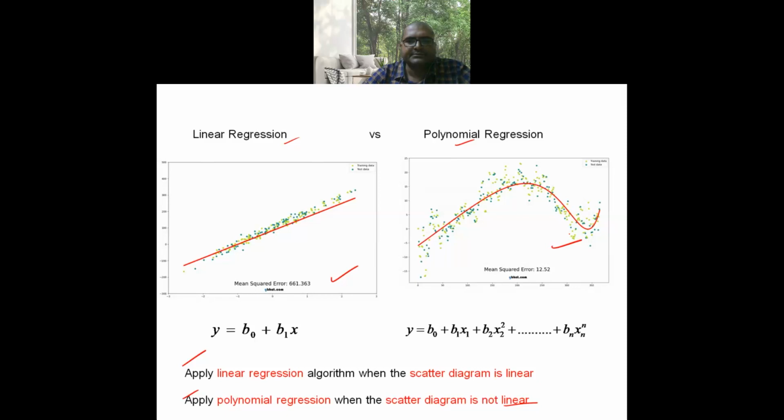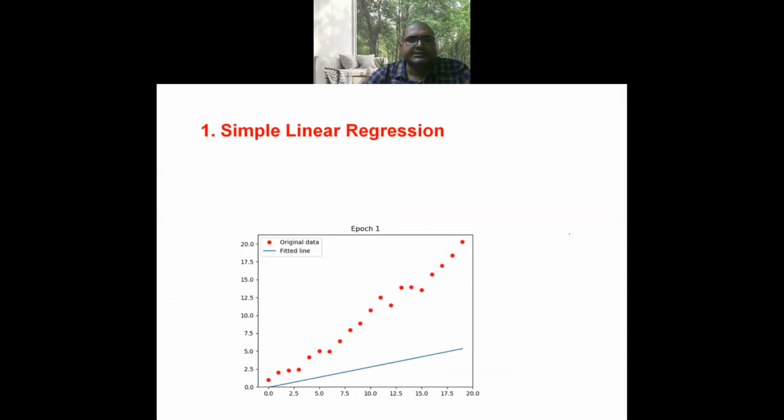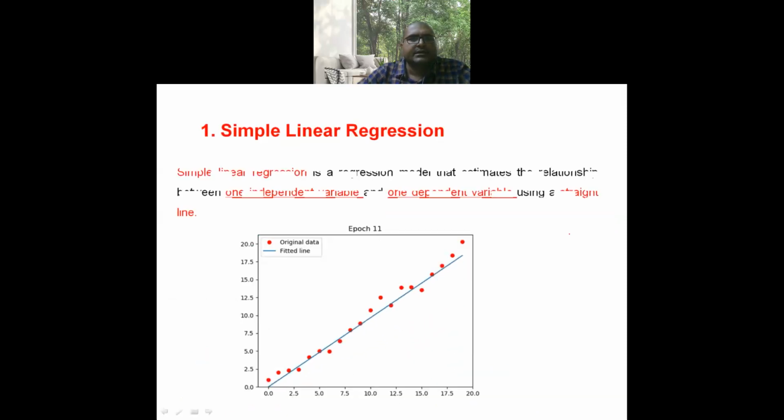Regression equations. Simple linear regression. Simple linear regression is a regression model that estimates the relationship between one independent variable and one dependent variable using a straight line.